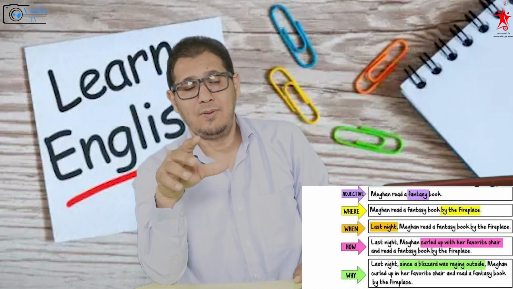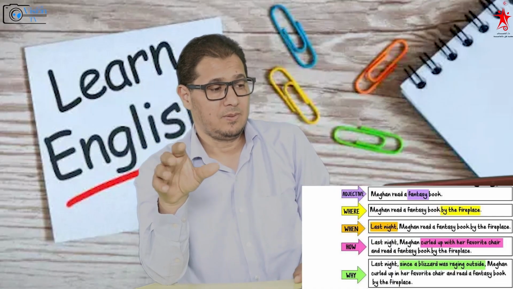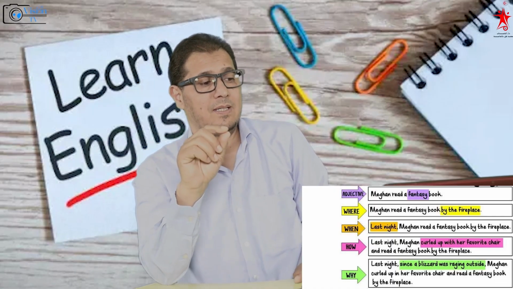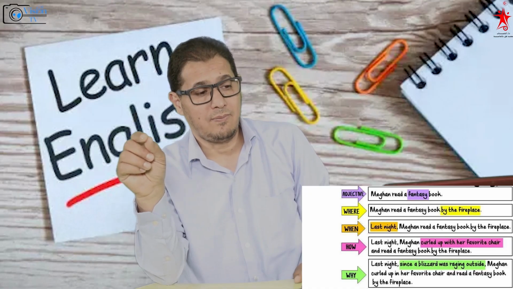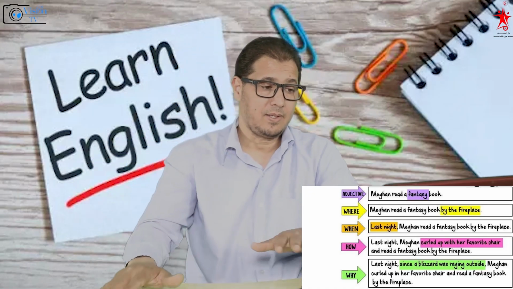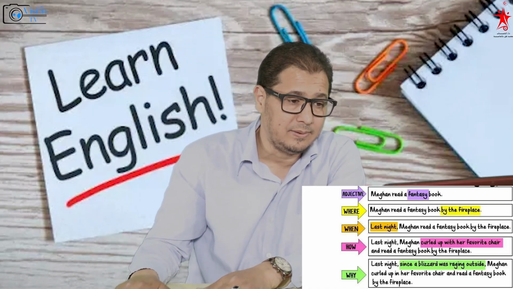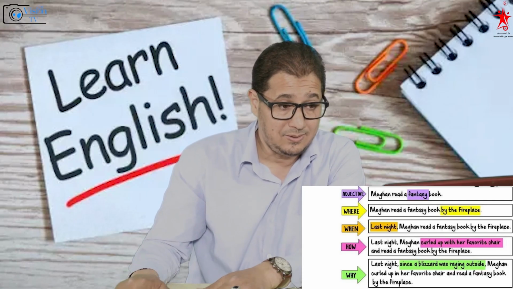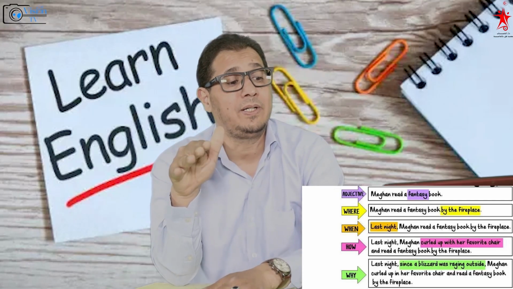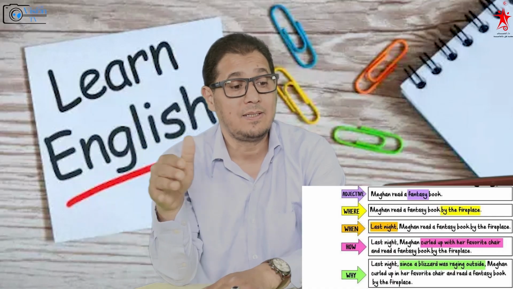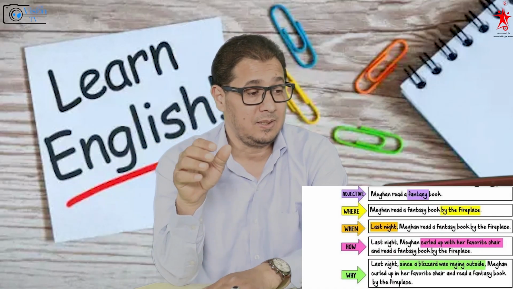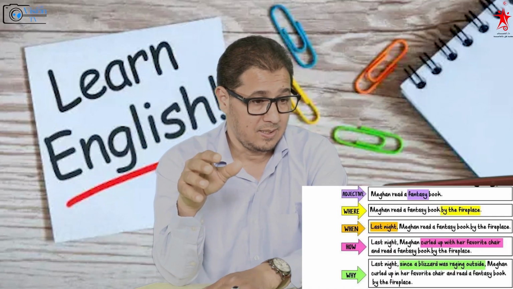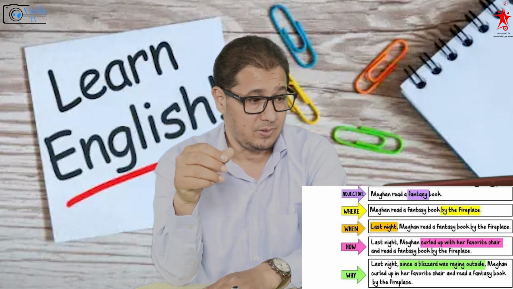Then we added adverbs, many types of adverbs. Adverb of place, for example, we said Migan read a fantasy book by the fireplace. The next step we added an adverb of time اللي هو last night. ولت الجملة last night Migan read a fantasy book by the fireplace, and the sentence is being better and easier to understand and full of information.